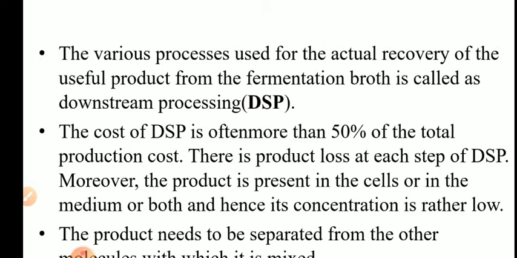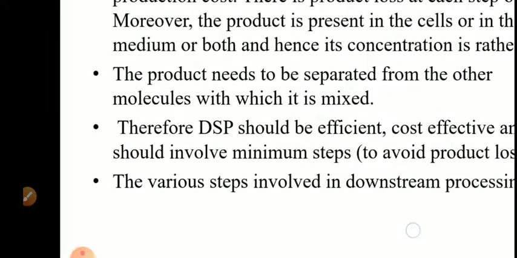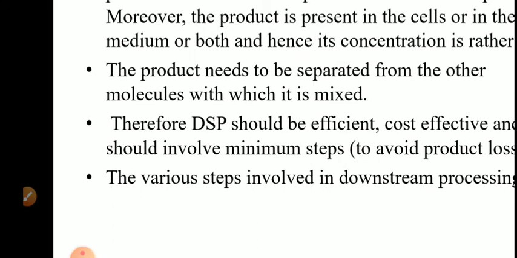See, one thing, there is product loss at each step of DSP. So the number of steps should be minimum to avoid product loss, right? Moreover, product is present inside the cell or in the medium or in both, and hence the concentration of product in the fermented broth is less. The product also needs to be separated from other molecules with which it is mixed. That means its purification is also needed.